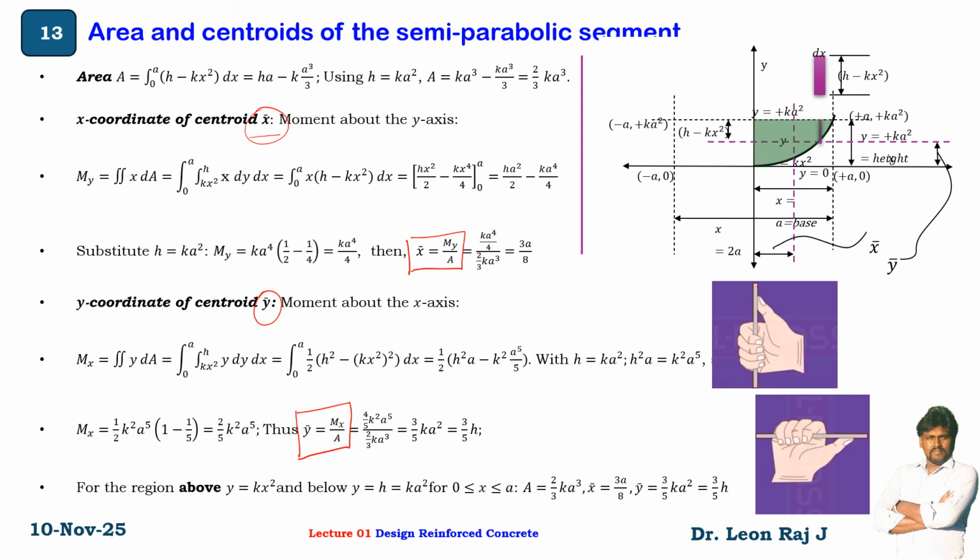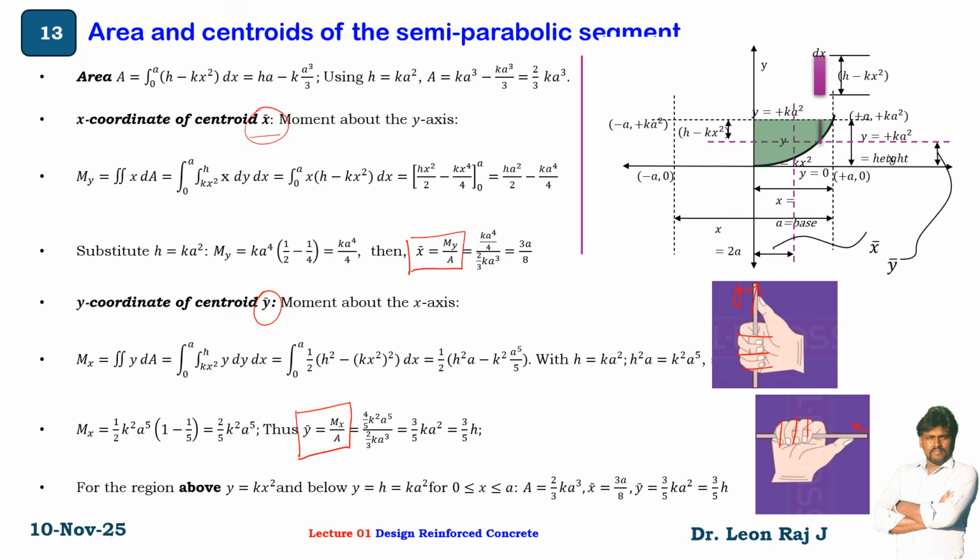So this is the y-axis, and you have to use the thumb rule, and your thumb is facing towards this y direction, and here the thumb is facing towards the x direction. So these are the x ordinates. The y ordinates are rotating with respect to the x-axis, and the x ordinates are rotating with respect to the y-axis. That is why we are calling it Mx and My.